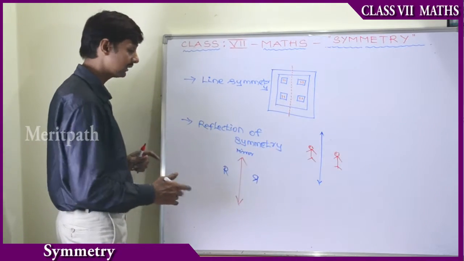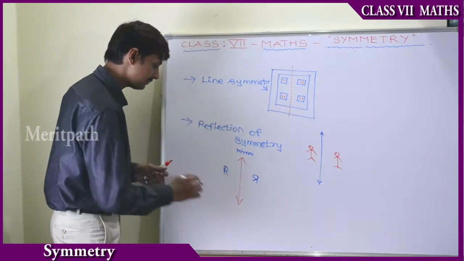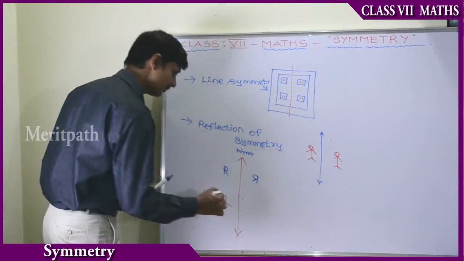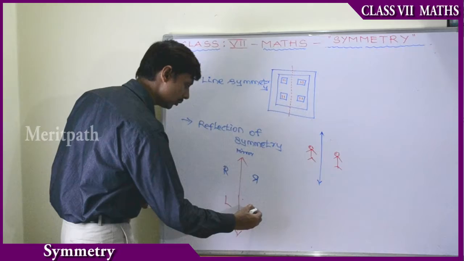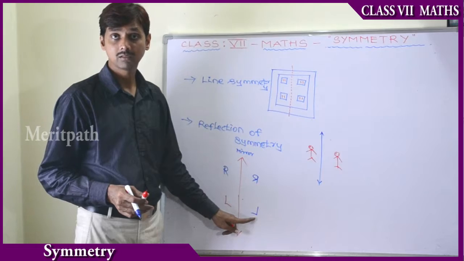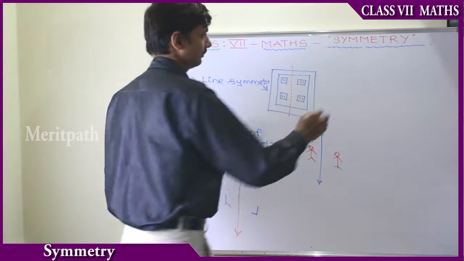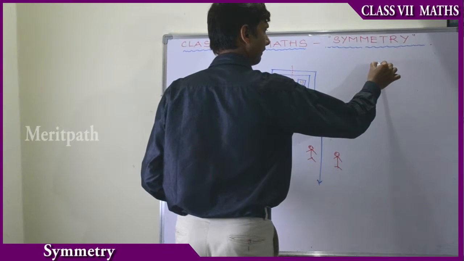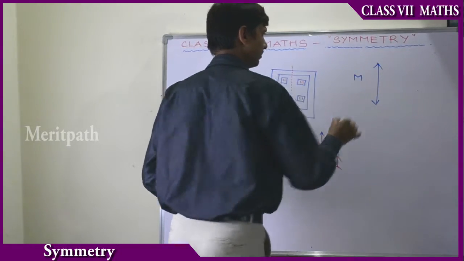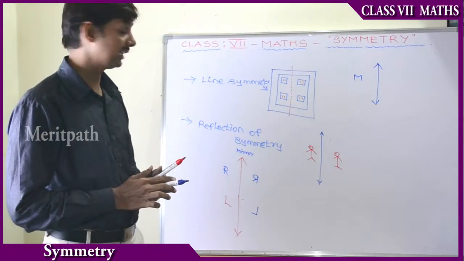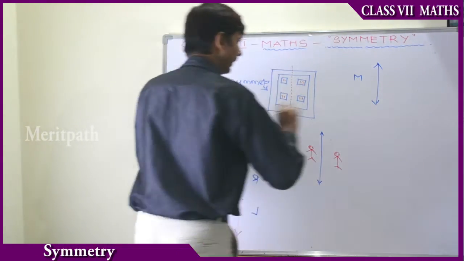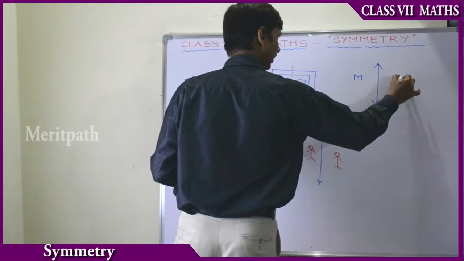If we take L, it looks like the same thing but opposite. This is the mirror image of that. If we take the letter M and look at it in the mirror, its reflection looks the same.